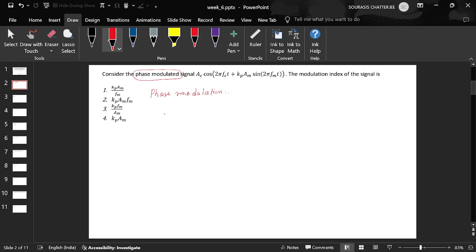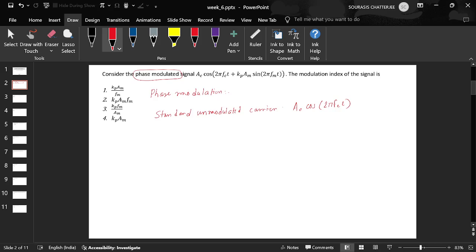If I am to write the standard unmodulated carrier expression, it is going to look something like this: A_c cos 2 pi f_c t. A_c is the amplitude of the signal and f_c is the carrier frequency.